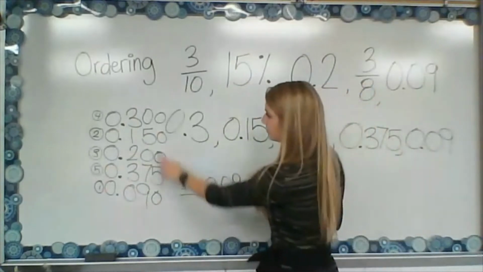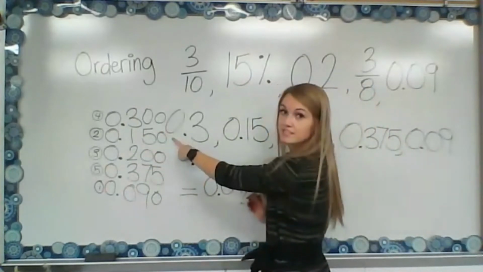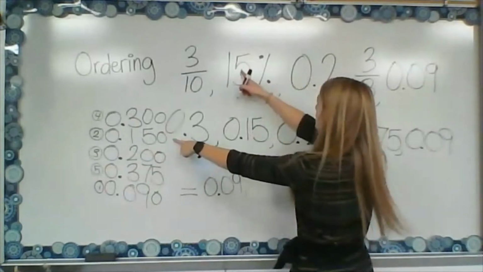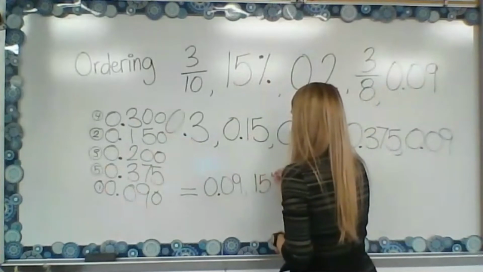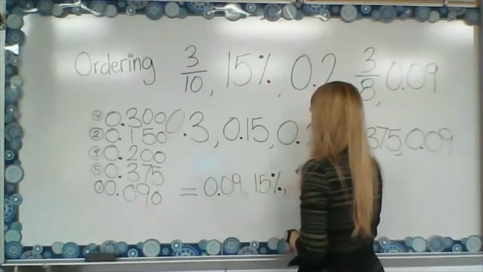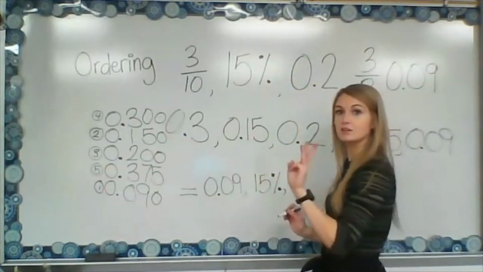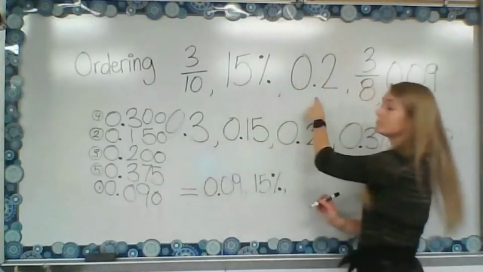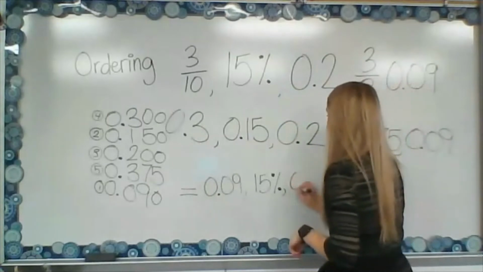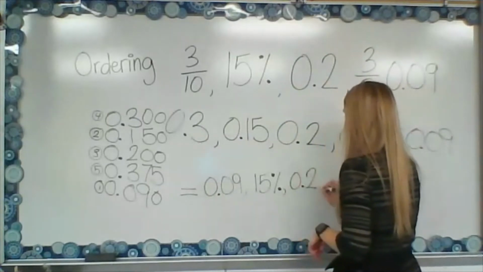What's my number 2? 0 and 15/100ths. That was 15% originally. So the next thing I'm going to do is write 15%. My third spot is 0 and 2/10ths, which was originally a decimal anyways. So I'm just going to write 0 and 2/10ths.